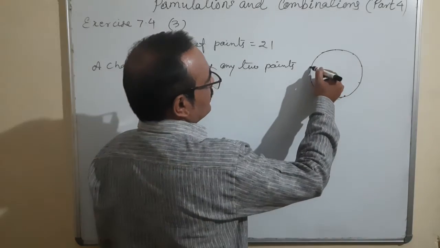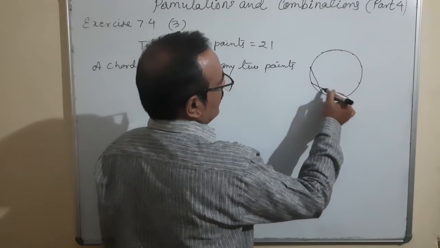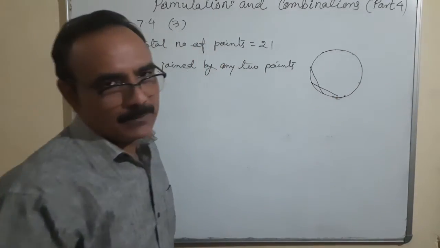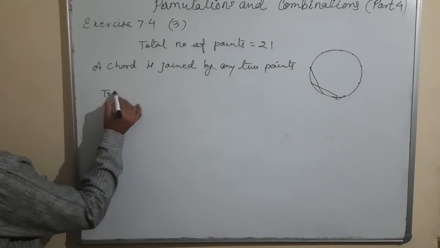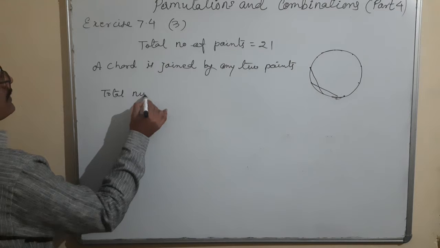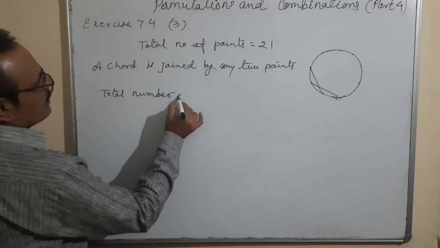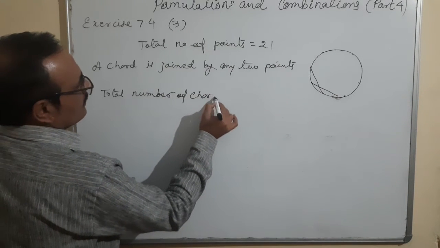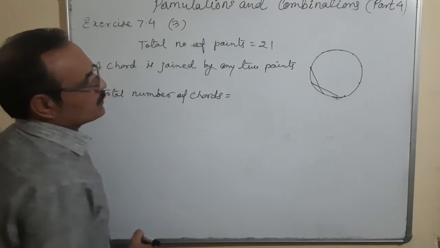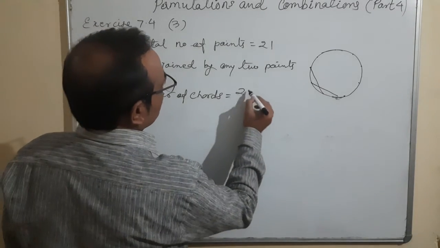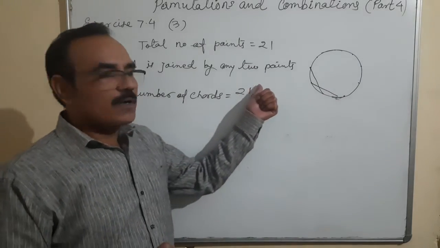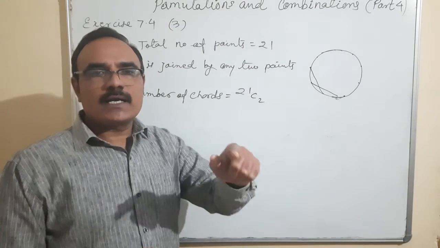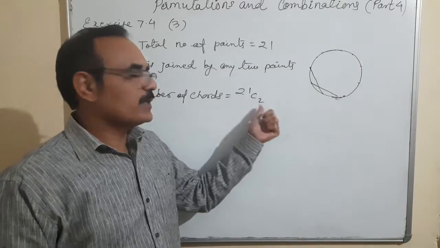Like you can join any 2 points, and a chord can be made. So total number of chords is equal to 21C2. There are 21 points and one chord is joined by 2 points, so 21C2.